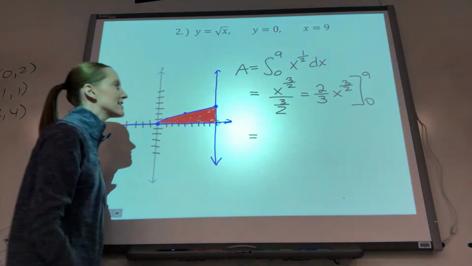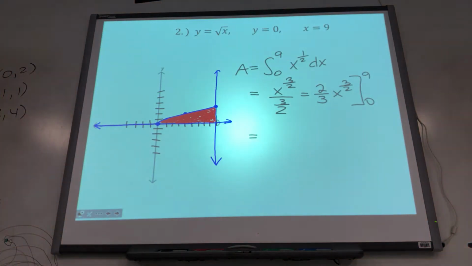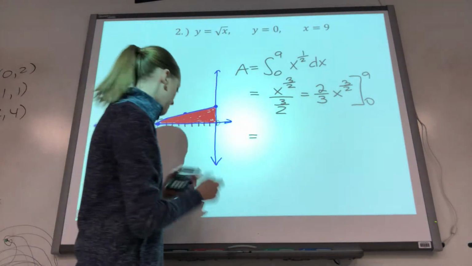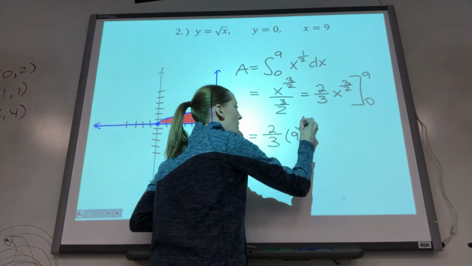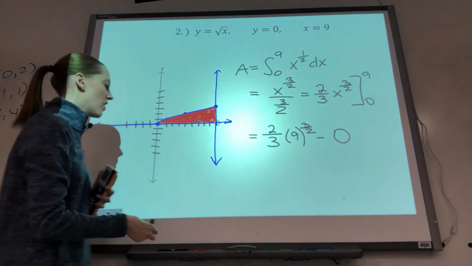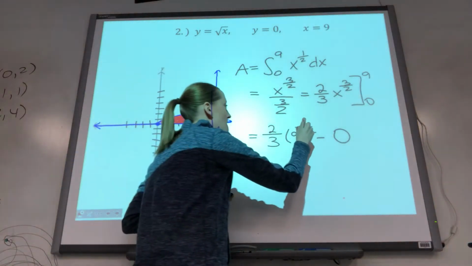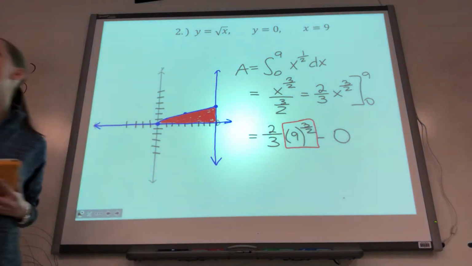So just like last time, plug in the 9 first. Now when I do this on my calculator, I'll just write it out real quick and then highlight it for you. I plug in the 9, I plug in the 0, and it's all going to be 0 in the back. But this is the part that I'm going to type into my calculator first.